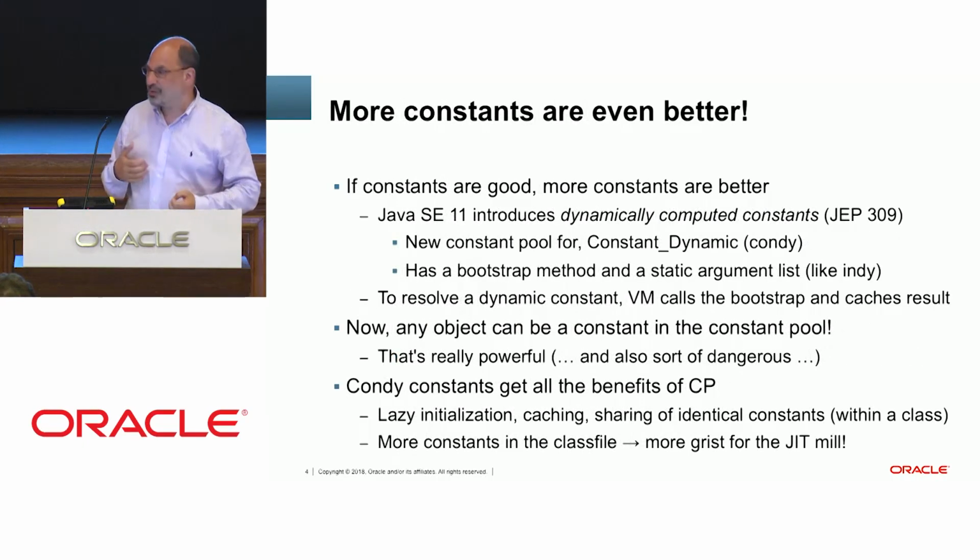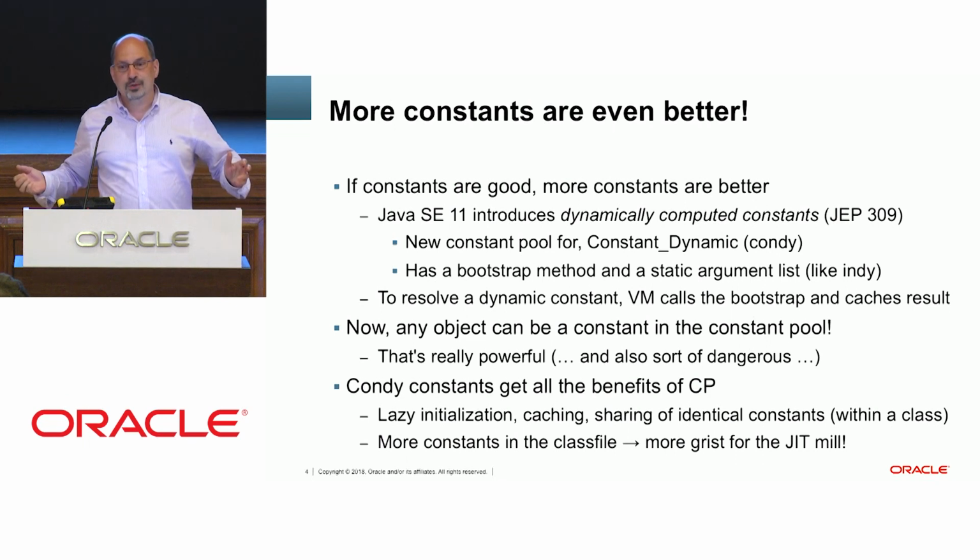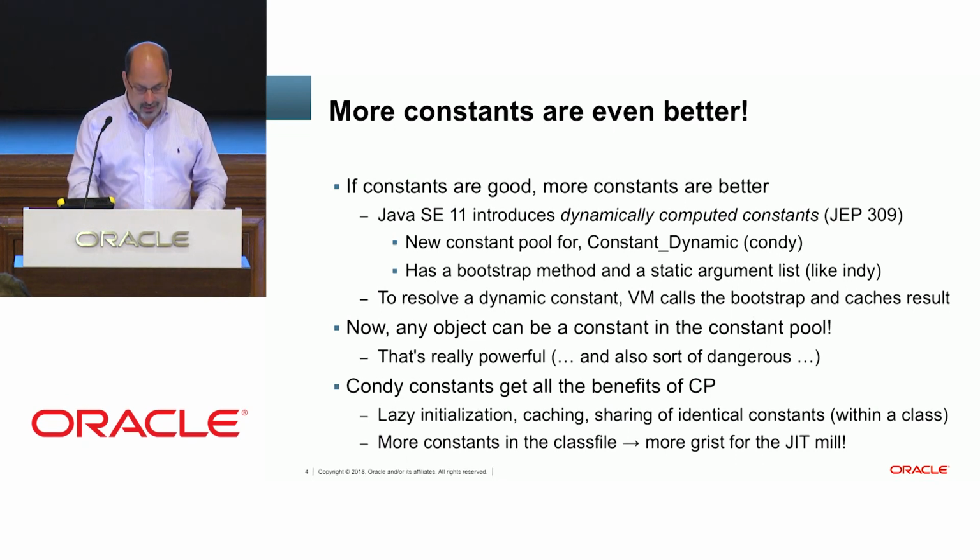So it stands to reason that if constants are good, more constants is better. That's the essence of the ConstantDynamic work, which is giving us more ways to express interesting constants in the class file. As Dan mentioned, we have a new constant pool form, ConstantDynamic, which has a bootstrap method, just like invokedynamic, and a static argument list, just like invokedynamic.